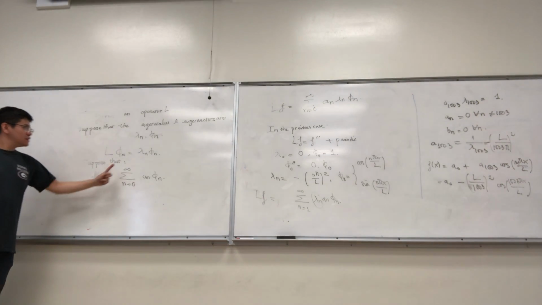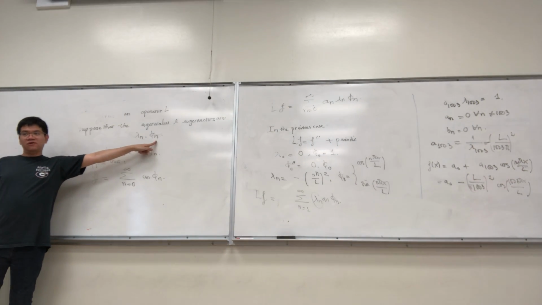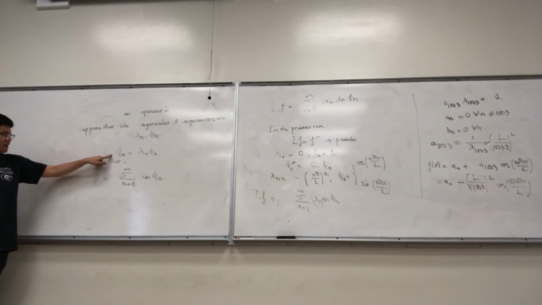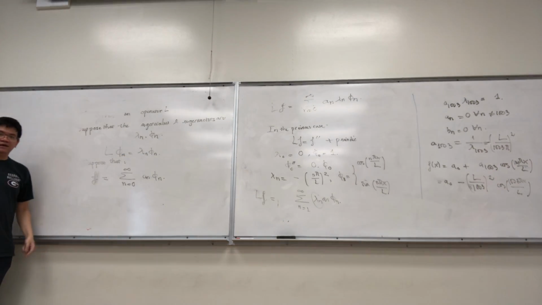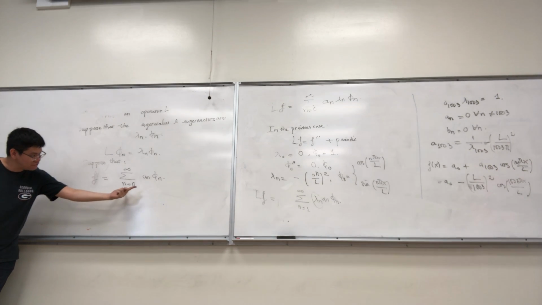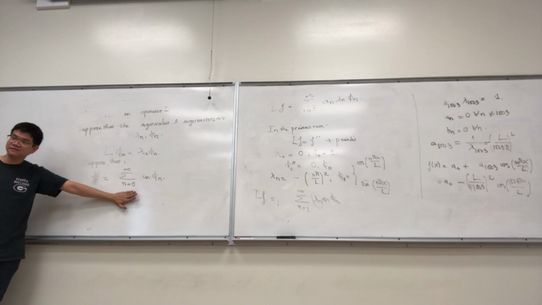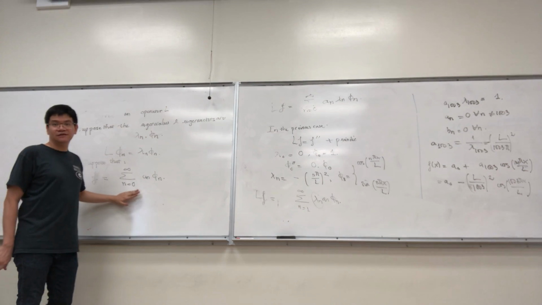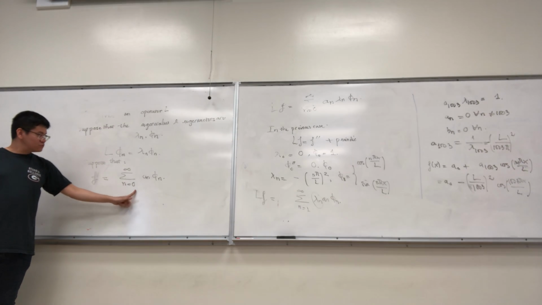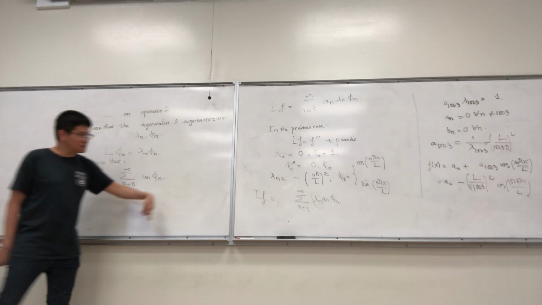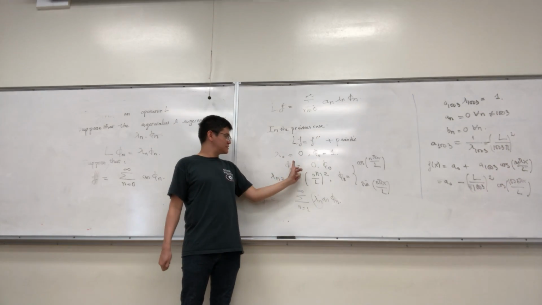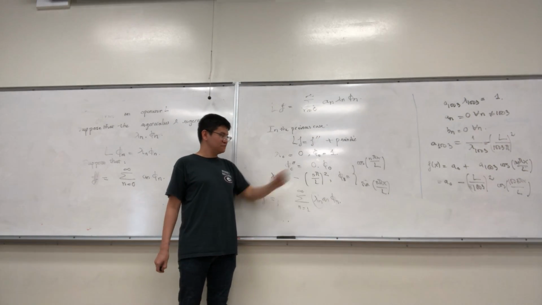Now, lambda n and phi n are called eigenvalues and eigenfunctions of the operator L if you have L of phi n equals lambda n phi n. Now, if you can express f in terms of phi n, like this sum, or in the previous case, a Fourier series, right? Here I include a0 because 0 is also an eigenvalue for the second derivative. You take the second derivative of 1, you get 0.